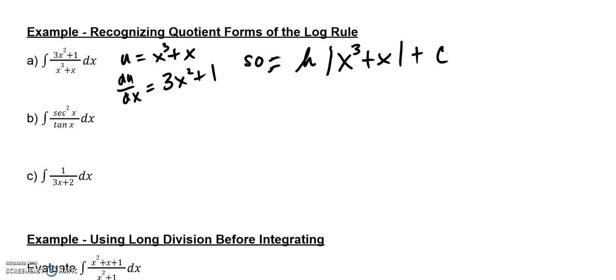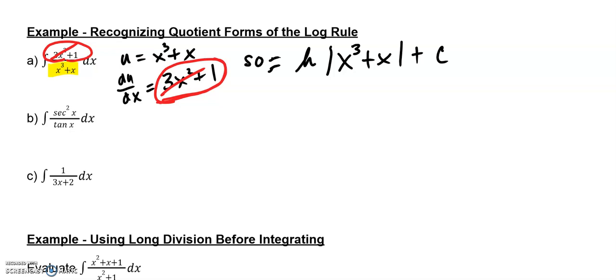For example, on this first one, your u has to be the x to the third plus x. And you notice that the derivative of x to the third plus x is equal to your numerator. So when you set it up in u substitution, you end up dividing by your derivative, which will then cancel out with the entire numerator.